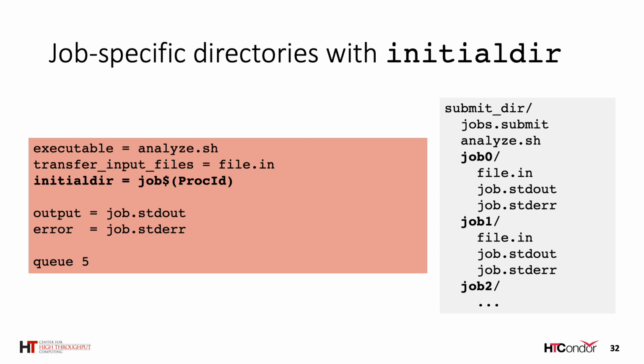I've happened to index them with integers so I can use the queue N syntax to create my list of directories, which is going to be basically my input values. And then I've used the initialdir submit file option to tell HTCondor that it should use these individual folders as the submission directories, one for each job.